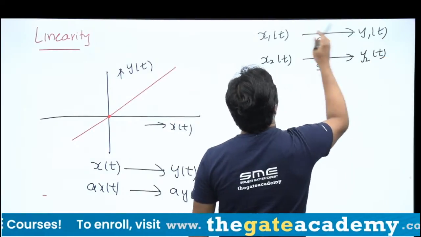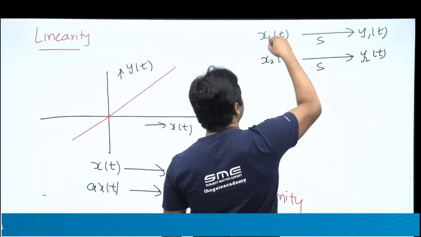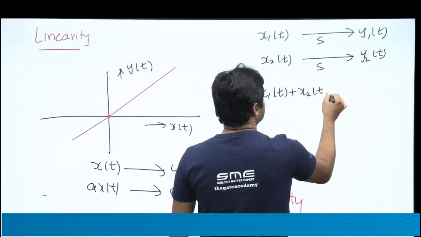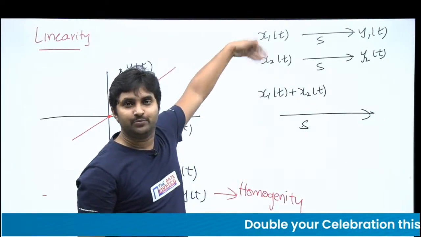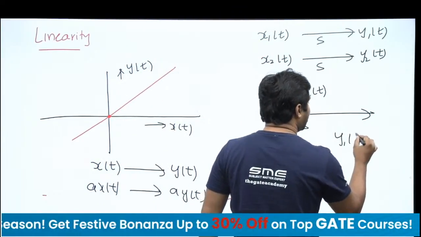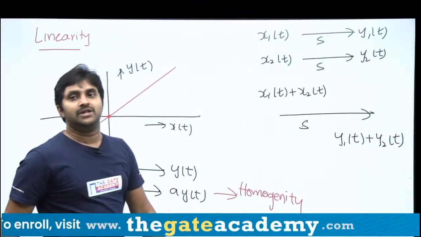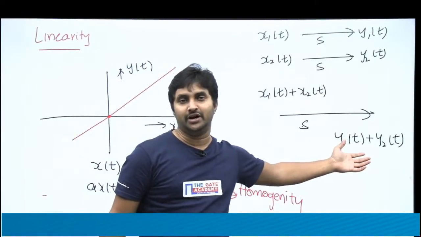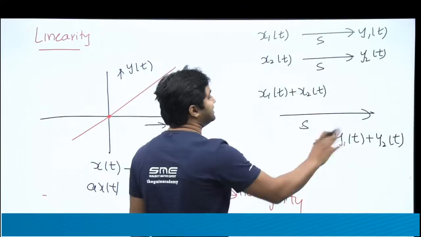Then, if I add these two inputs, it is expected to get the output which is the addition of the individual responses. Is that clear? This is what we call a linear system.